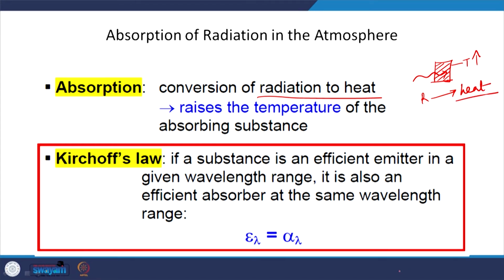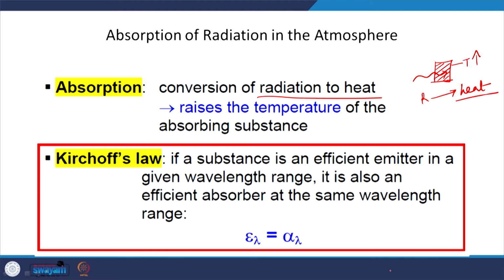Now, from the well known Kirchhoff law, we can say that if a substance is an efficient emitter in a given wavelength range, it is also an efficient absorber in the same wavelength range. So, it is like the concept of black body. Black body radiates the entire spectrum. All the wavelengths are emitted by the black body if you heat it to a particular temperature.